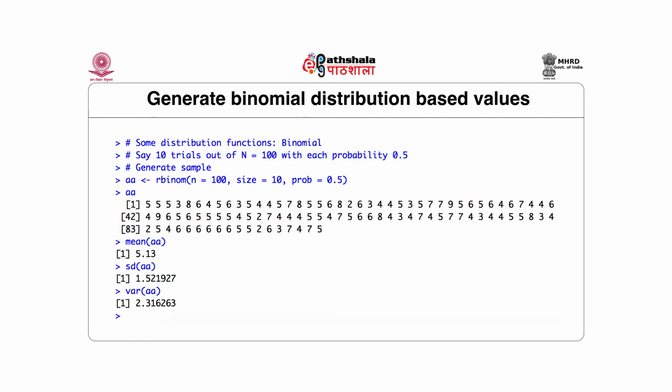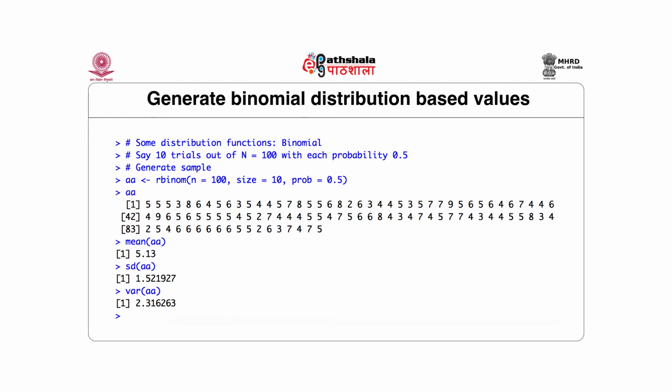So we say rbinom, which is a function. And then we say that we are going to run this series of 10 experiments 100 times over. So our entire sample space is 100. We could make it 1000, we could make it 500, whatever that is, but we are only going to use 100.